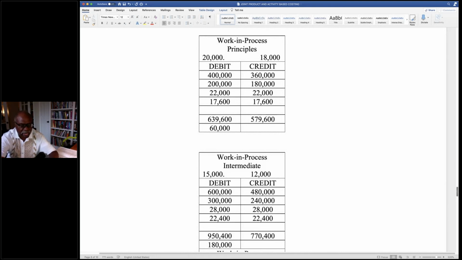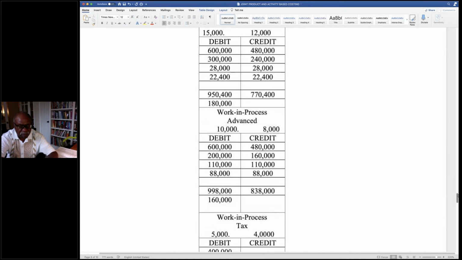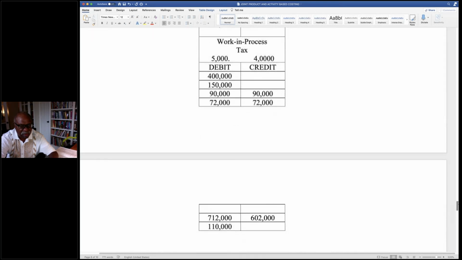And how much do you have in the intermediate book? Go up a little bit, 180. Then let's look at advanced. You have what, 88,000? And tax, you have what? Wait, tax, you have 110 left.